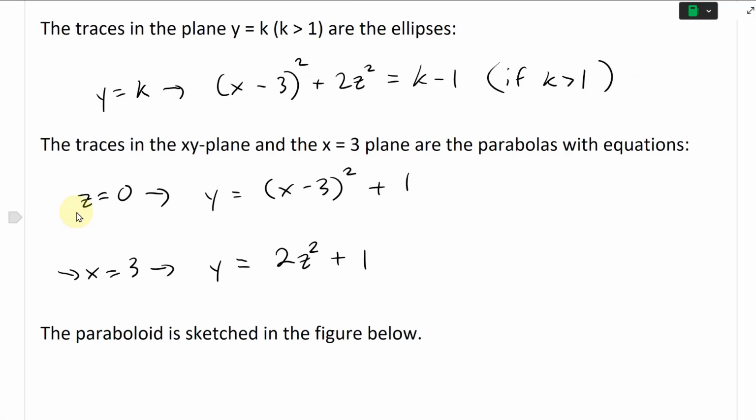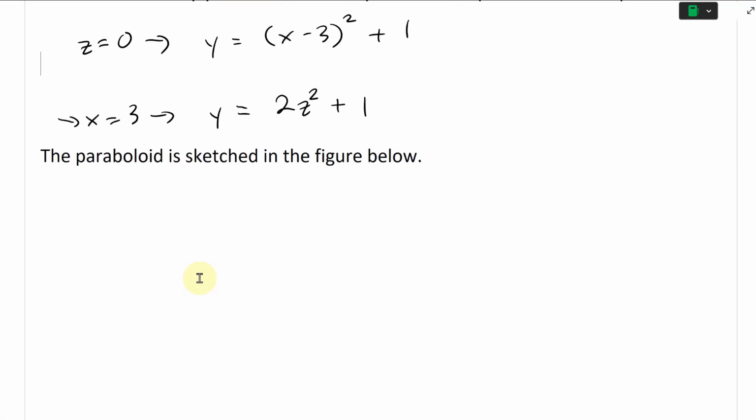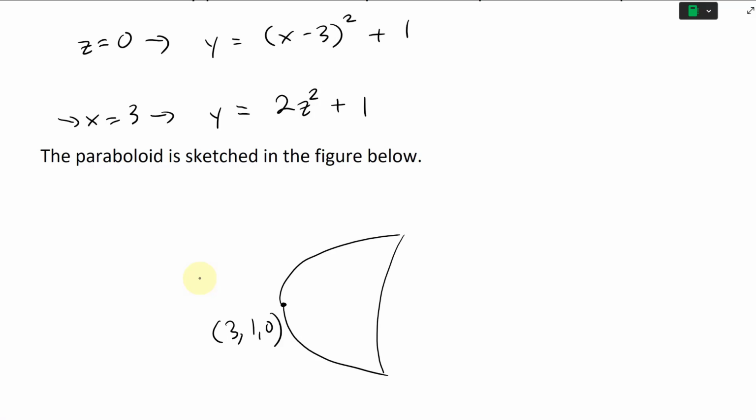All right, so now going further, we can draw this out. The paraboloid is sketched in the figure below. It's going to be shifted over to 3, 1, 0. What I'll do is put this down here: 3, 1, 0, and then it's going to look something like this. It's going to open up like this, and it's going to have an axis like that.